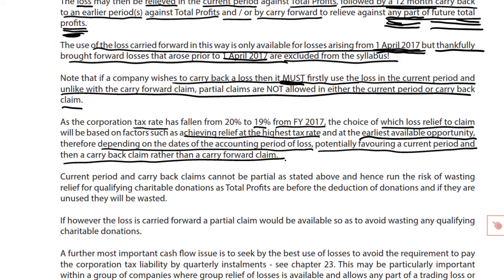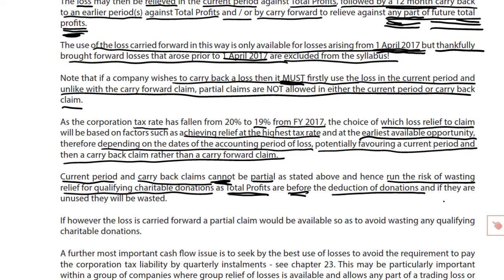Now, of course, although those particular points, relief at the highest rate, relief at the earliest available opportunity, would favour using the loss sooner rather than later, what we have, of course, seen is that if you make a current period claim, thereafter you make a carry-back claim, they cannot be partial, and hence they run the risk of wasting relief for qualifying charitable donations, as total profits, as you know, are before the deduction of donations.